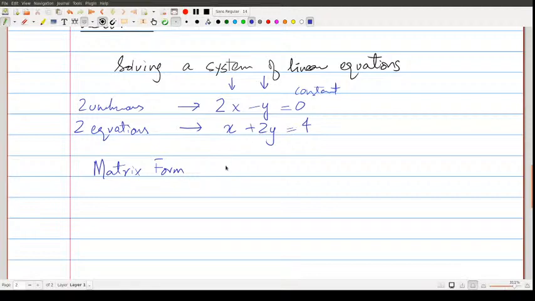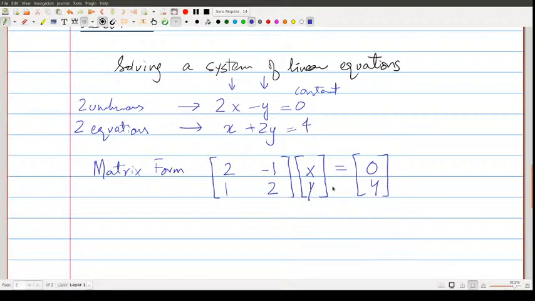So that matrix of coefficients is 2, minus 1, 1, and then 2. So that's my coefficient matrix. And then you have a vector which tells you what are the unknowns, so x, y. And then you have a right hand side equal to 0, 4. So this is the matrix form of your system of equations.